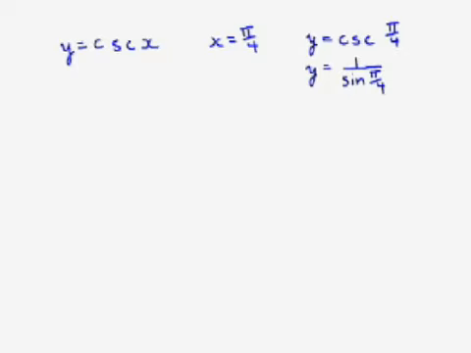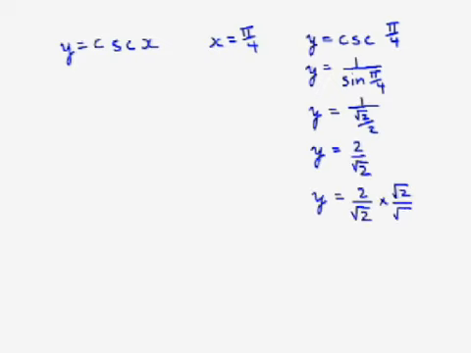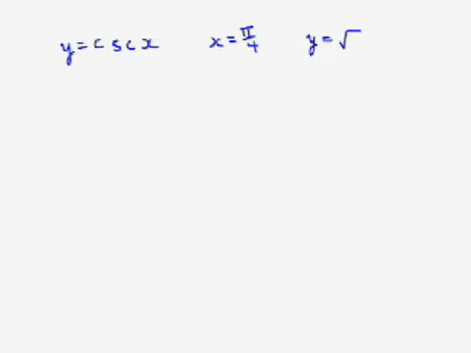And using a little bit of manipulation here, we can solve for y. At one point we have to rationalize the denominator, and we learn that y is equal to the square root of 2. As a decimal, that is approximately 1.414.